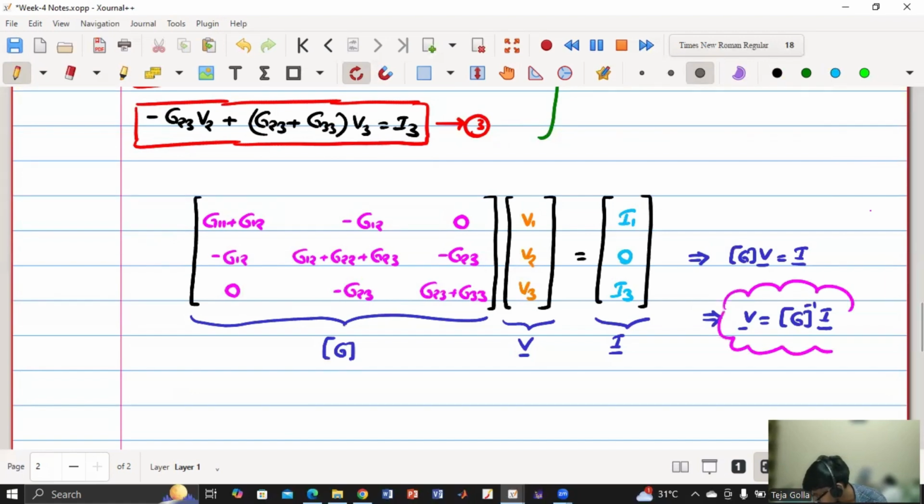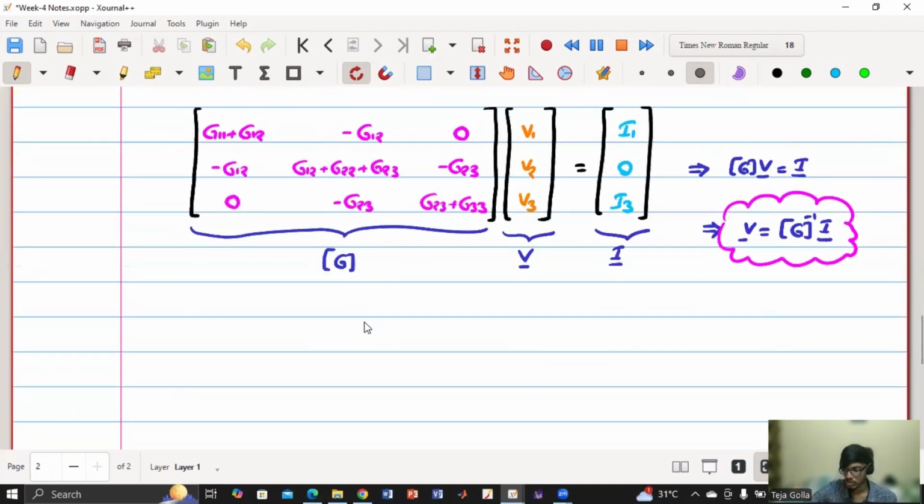So in order to solve for that voltage, I need to get this conductance matrix. This is called the conductance matrix because it is a matrix consisting of the conductances of the circuit.